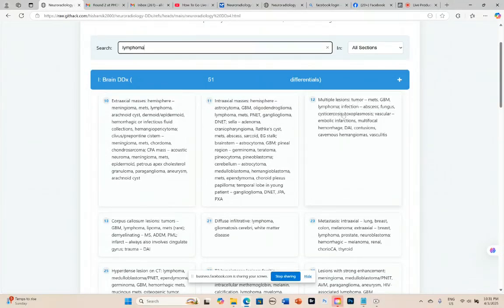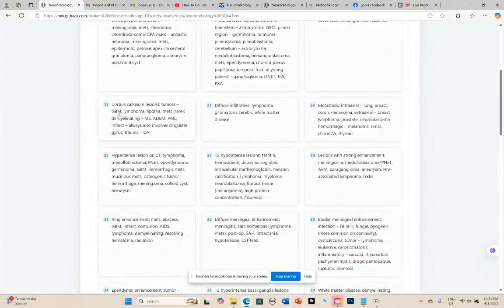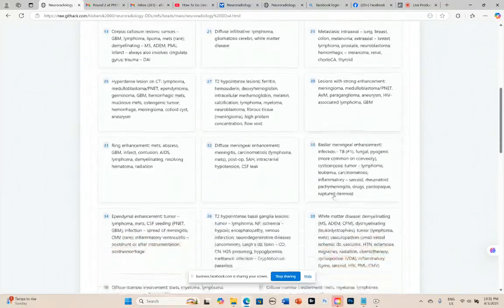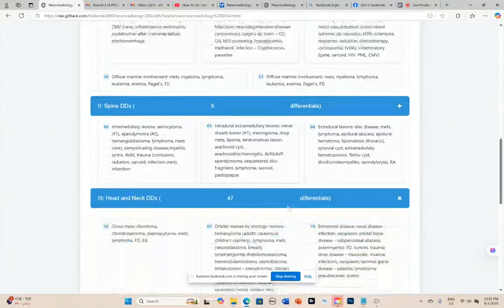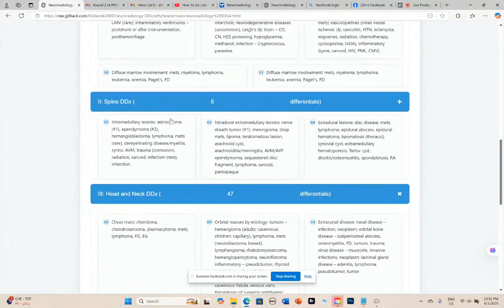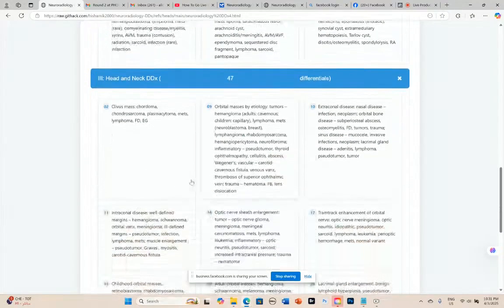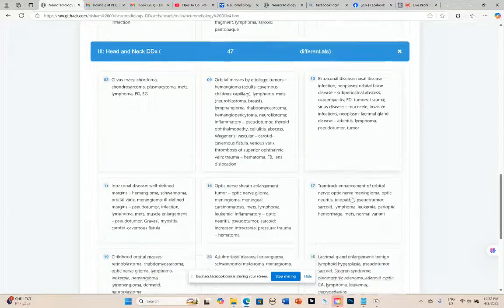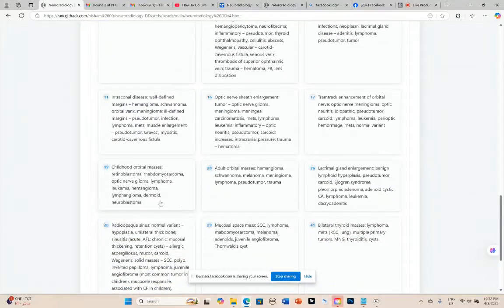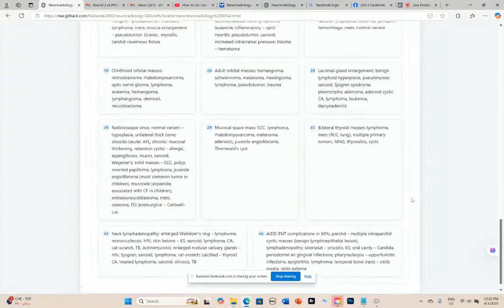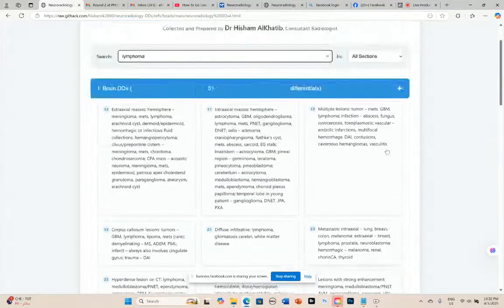Lymphoma can be multiple lesions, can involve the corpus callosum, can be a diffuse infiltrative disease, or can be metastasis with ring enhancement. It can also involve the spine and the head and neck: the clivus, the orbit, the optic nerve sheath, and childhood orbital masses.